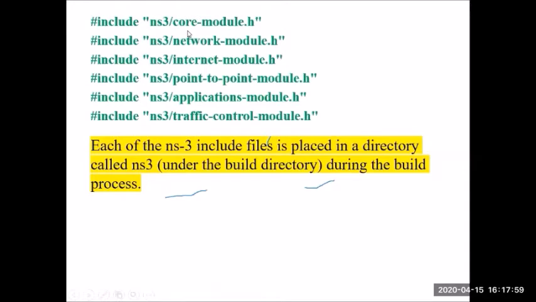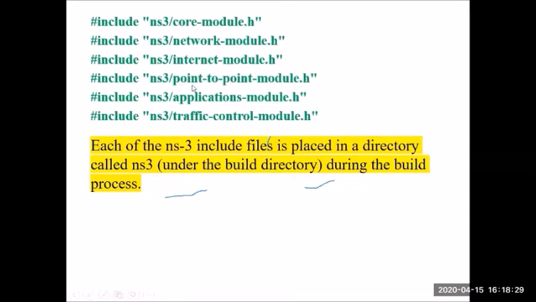Core module, remember, has all random number generators, timers, that type of programs. Network module, where we can implement different types of network related code. Internet module, whenever I have to put the internet stack, I need this internet module. Everything is .h, all these are header files.